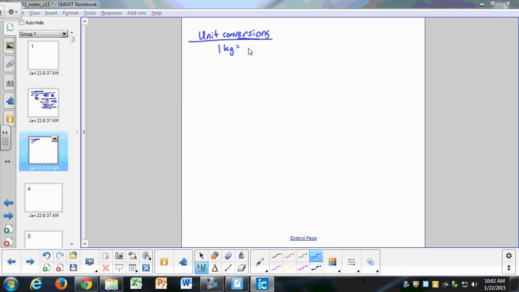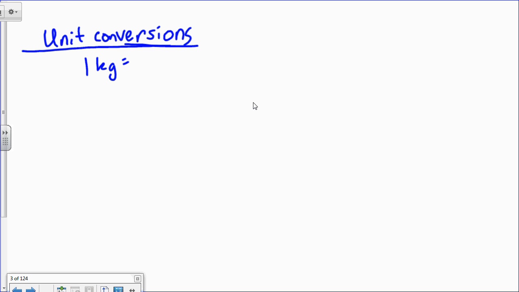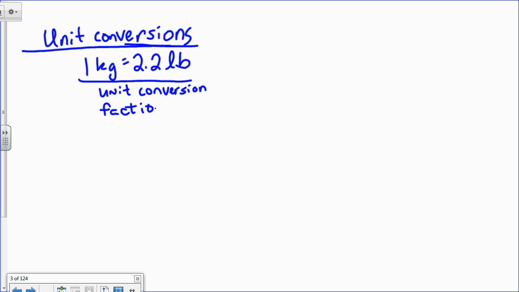So let's say that I have 1 kilogram, and it's equal to 2.2 pounds. All right, this is my unit conversion factor. And I can use it if I have a measurement in one system and I want to convert it to another system. So let's say, for example, I had 10 kilograms and I wanted to know how many pounds that is.